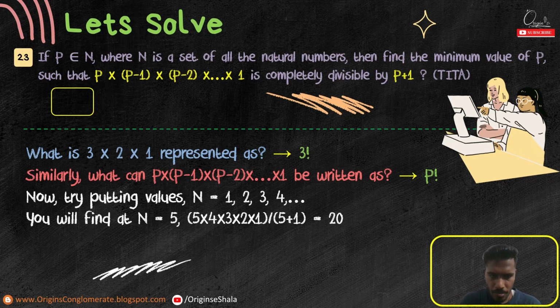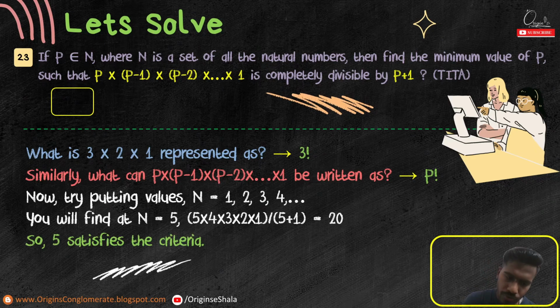So here the smallest number, the minimum value of P, you have already found. The only thing you needed to solve this was to identify that P into P minus 1 into P minus 2 is nothing but a factorial. With that, if you keep on trying numbers, you will find that yes, P plus 1 is satisfying. So it was rather an easy question. You just needed to take the courage to try the first few numbers and you could have solved it.